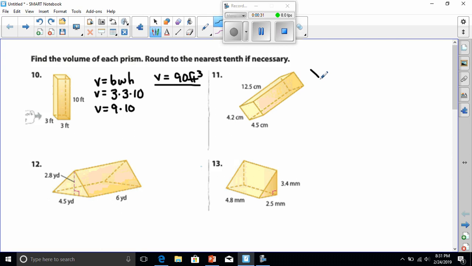We're going to follow the formula for volume, and that's the volume equals the base times the width times the height. The base in this particular shape is going to be 4.2. The width is going to be 4.5. And the length, or the height, is going to be 12.5.